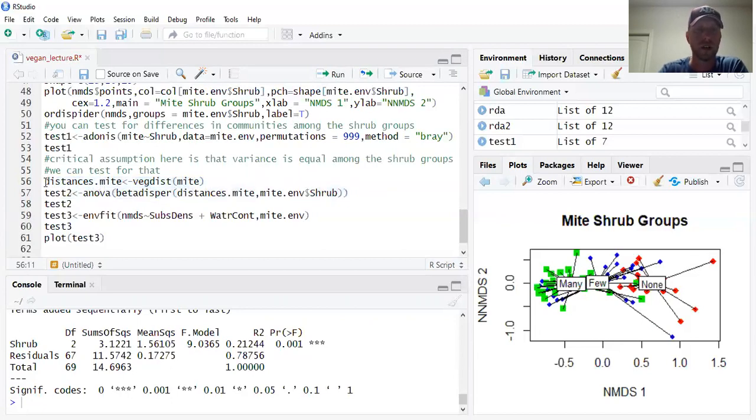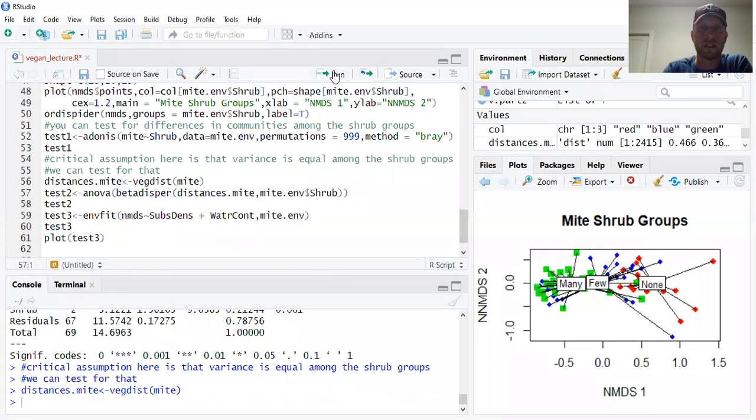So I'm going to create this object called distances.mite. I'm going to use the veg_dist function to create pairwise distances. This is basically creating Bray-Curtis distances between all of those 70 locations.